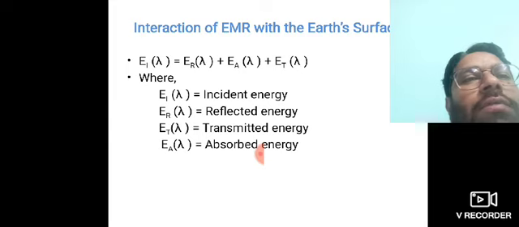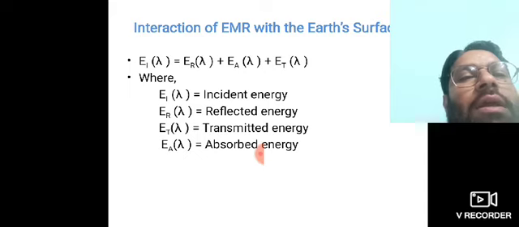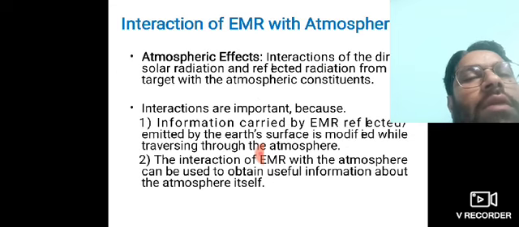The interaction of EMR with Earth surface. Once the incident energy reaches the Earth, part of it gets reflected, part of it gets transmitted, and part of it gets absorbed. So the total incident energy is equal to the addition of all three parts. Interaction of EMR with atmosphere.